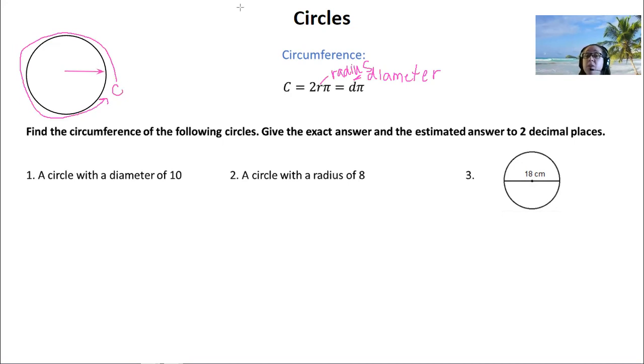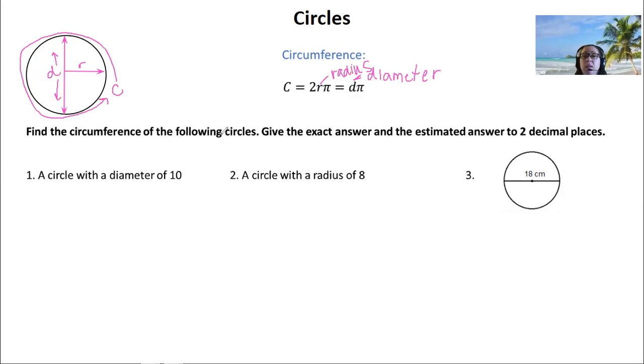You have the right idea. We would just say double the radius. Very good. So radius is half your circle, and it's got to go through the center. And diameter is the whole length of the circle.